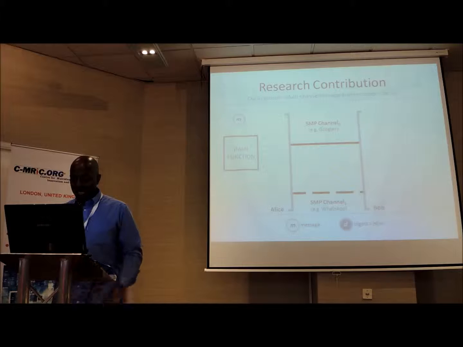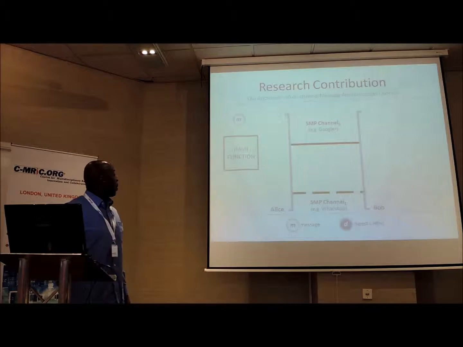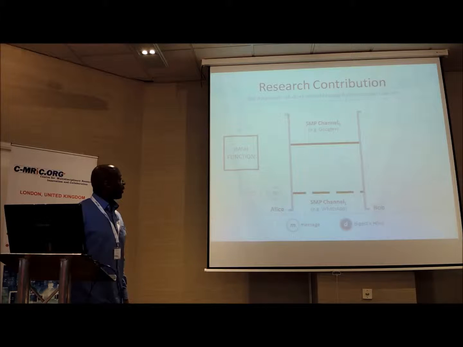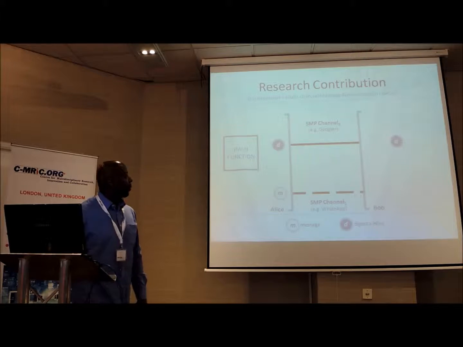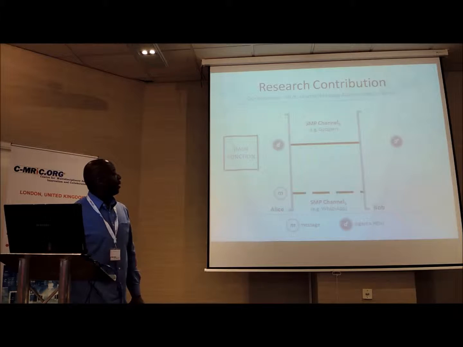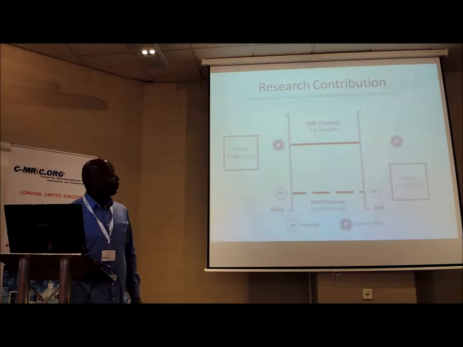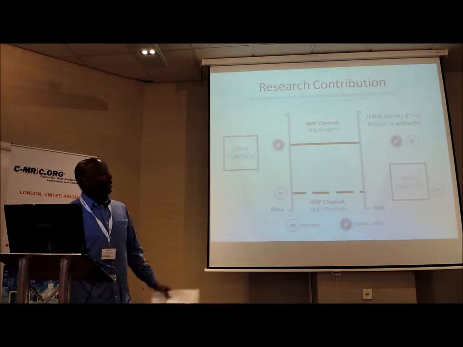So our approach is really, really simple. We apply a hash function to M and derive a digest. The digest is transmitted to Bob from Alice. Alice also transmits M. Bob applies the hash function to M, and the same thing applies.